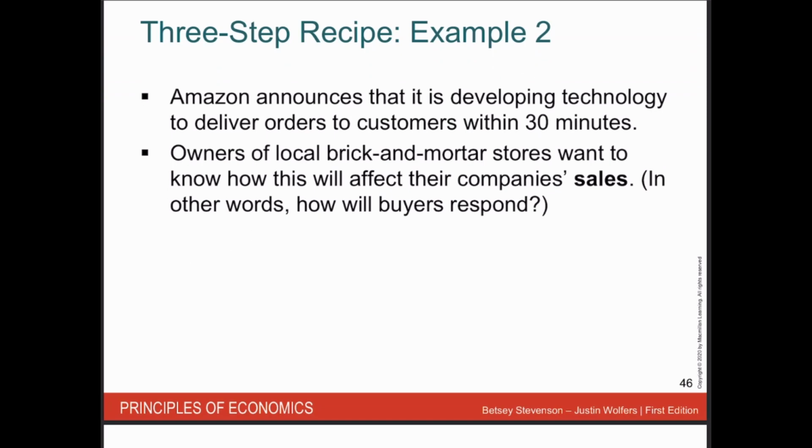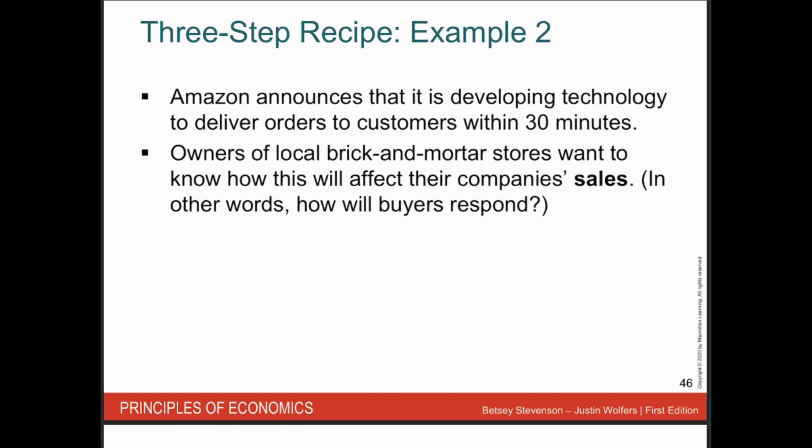The next question is that Amazon announced that it is developing technologies to deliver orders to consumers within 30 minutes. Okay, as you know, developing technologies can affect your productivity, right? So your productivity can decrease your marginal cost. So many consumers would like to use Amazon's delivery service.